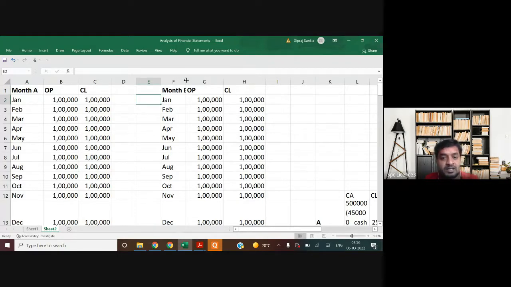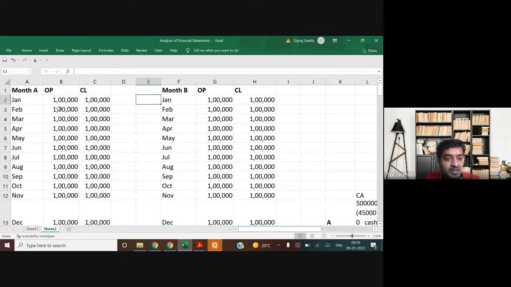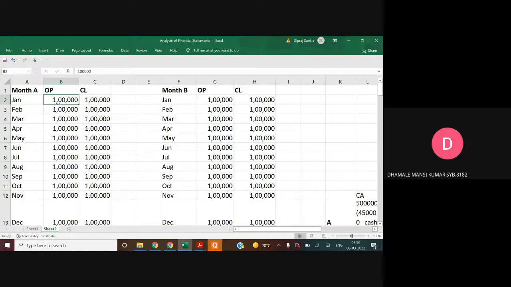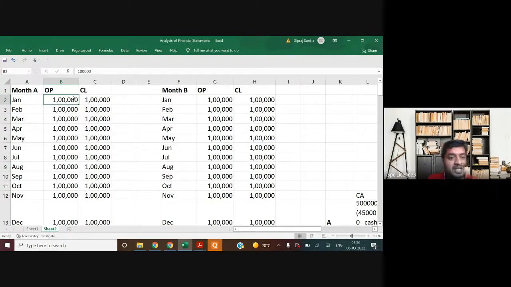Company A buys goods worth rupees 1 lakh. Let's assume it bought the goods on 1st January, and its cost value is 1 lakh rupees. And by the end of January, it was able to sell the entire stock. And as on 31st January, it has a stock of rupees 1 lakh again.